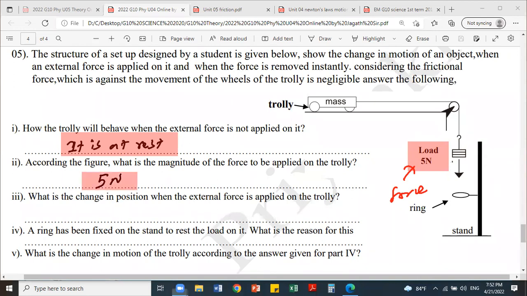Number 3. What is the change in position when the external force is applied on the trolley? The trolley is moving with an acceleration. When you apply external force, the trolley is moving with an acceleration. Velocity increases.